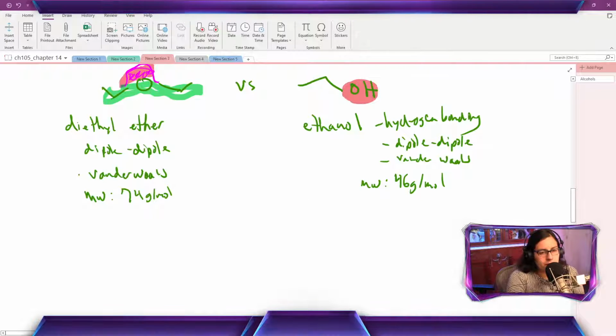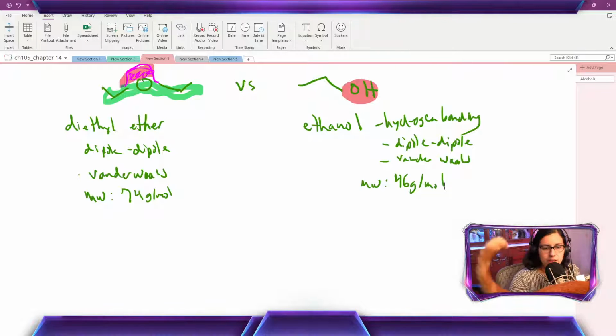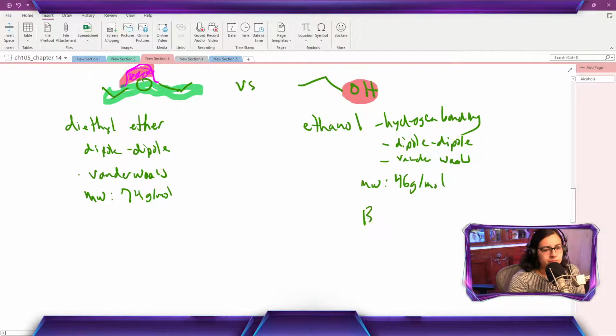But of course, what's actually making the effect is this hydrogen bonding. Let's compare the boiling point. The boiling point of ethanol, I believe, is 78 degrees Celsius.